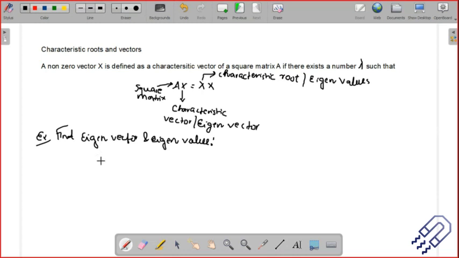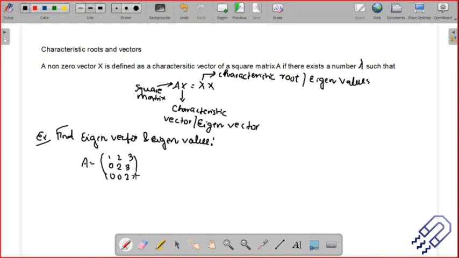If we write the matrix, the given matrix A is equal to 1, 2, 3, 0, 2, 3, and 0, 0, 2. We have to find the eigenvector and the eigenvalue for this particular matrix.